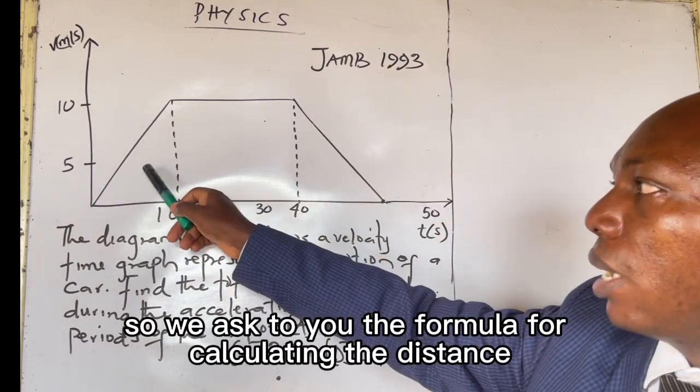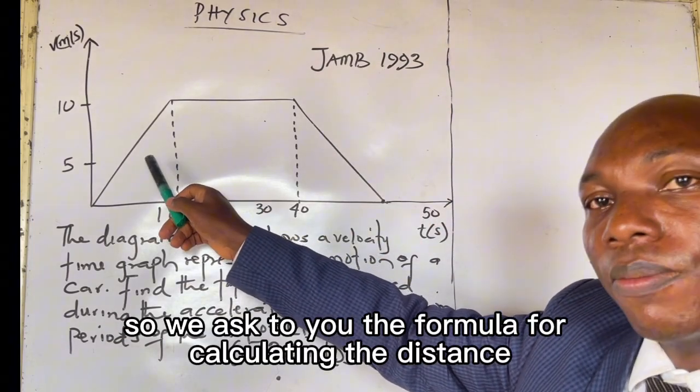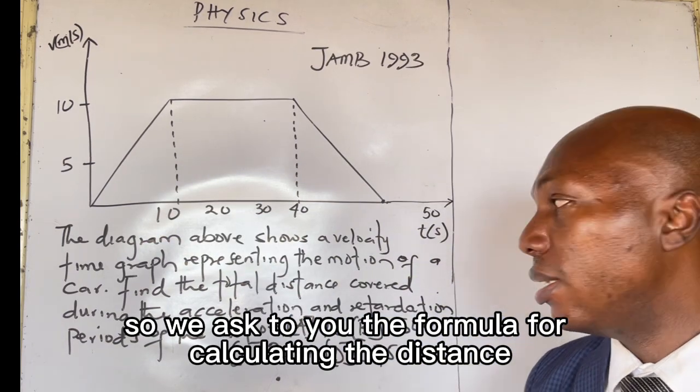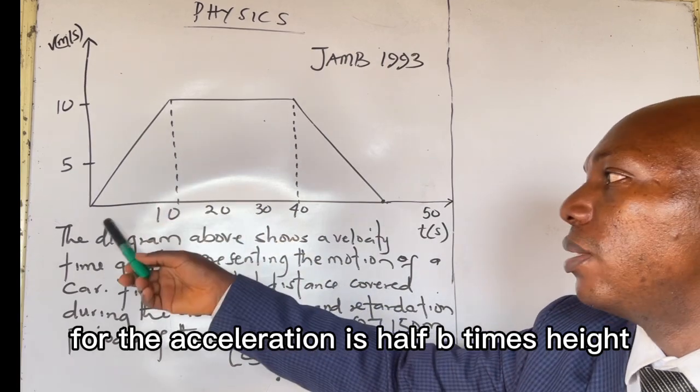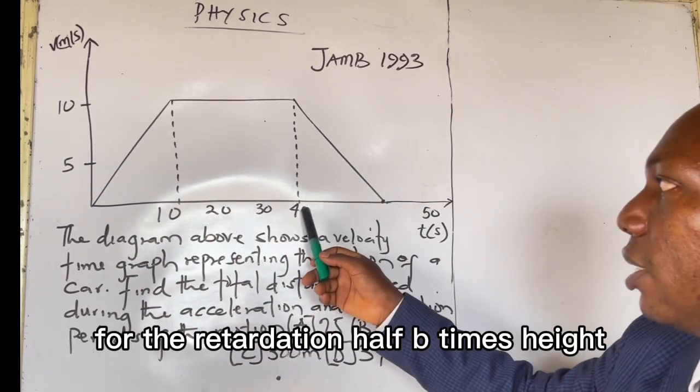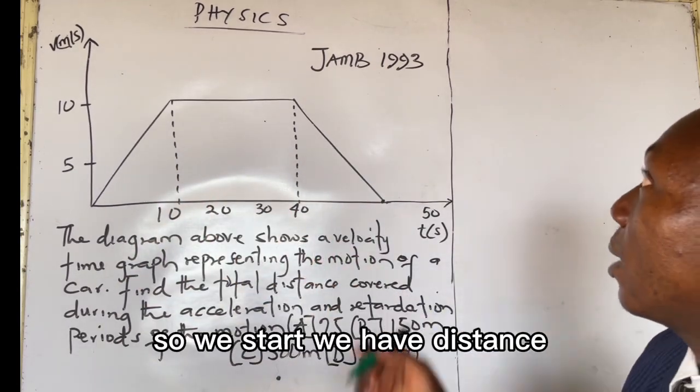So the formula for calculating the distance for the acceleration is half base times height. For the retardation, half base times height. So we start.